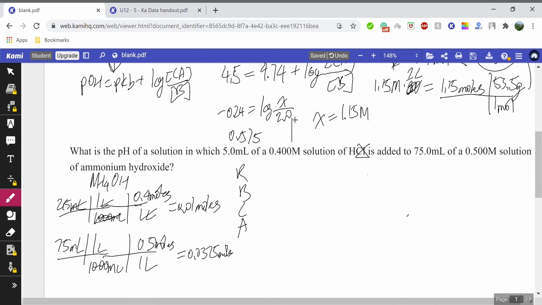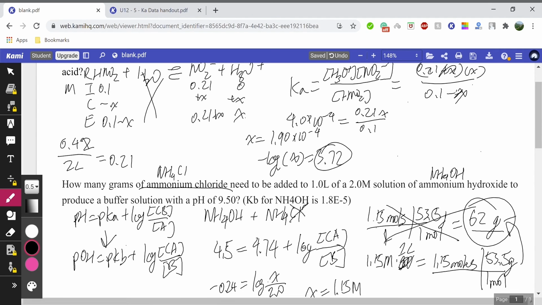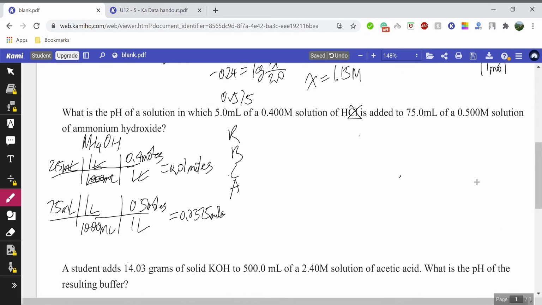Now let's pull up a RICE chart. Now remember, ammonium hydroxide, which is our same thing up there. Actually, I should have told you guys earlier. Ammonium hydroxide is NH4OH, but by now you should know that NH3 plus H2O forms NH4OH. But this doesn't exist in nature, so it's gonna form right back into these two.